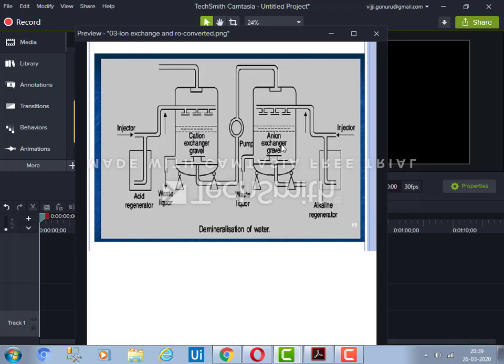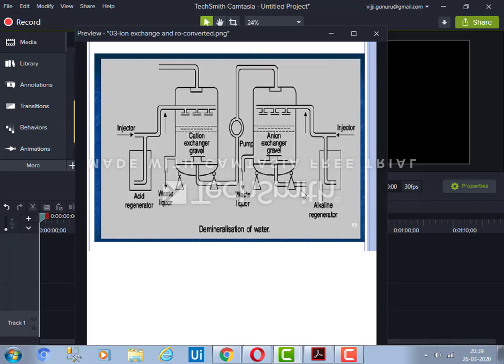When OH minus replaces the anions, the OH minus is released into the water. This H+ and OH minus together form water molecules. This water is called demineralized water, that means it does not have any minerals.